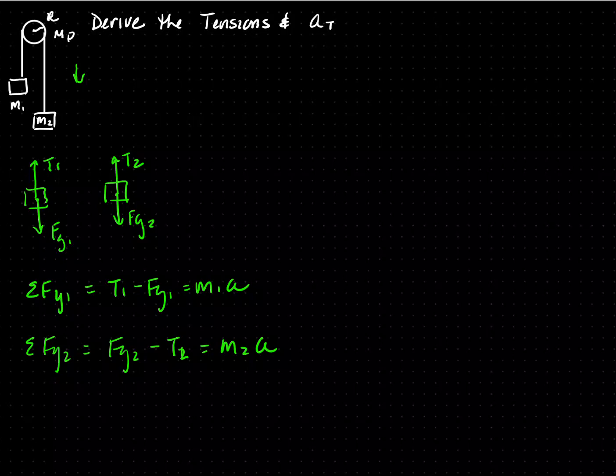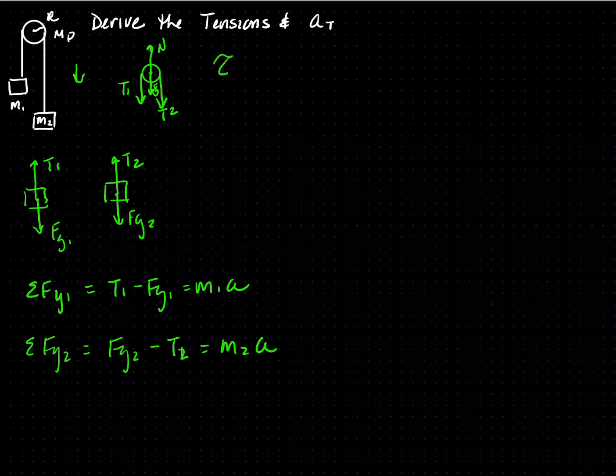Now we need to draw the free body diagram for the pulley. We know we have a T1 and a T2. We have a CM, and then we have a normal. The normal and the weight of the pulley will have no effect on the torque because they are at the pivot point.